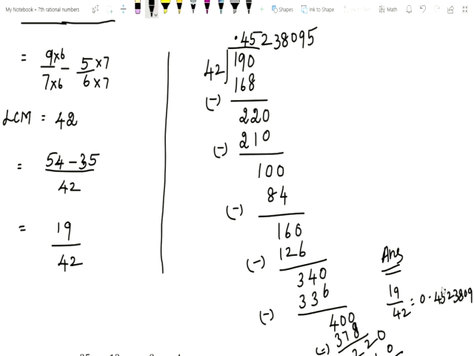So after these numbers it should repeat. So you have to put the bar. So under the bar, what are the numbers? That number is repeating indefinitely. So what is the answer while dividing 19 by 42? 0.4523809. You understand, children? Okay, children. See the next one.